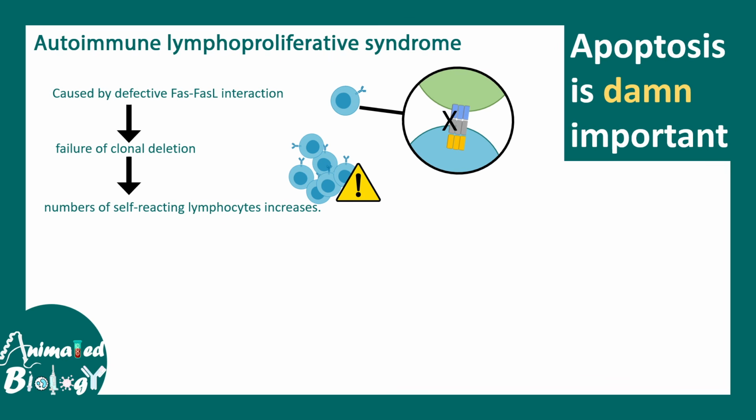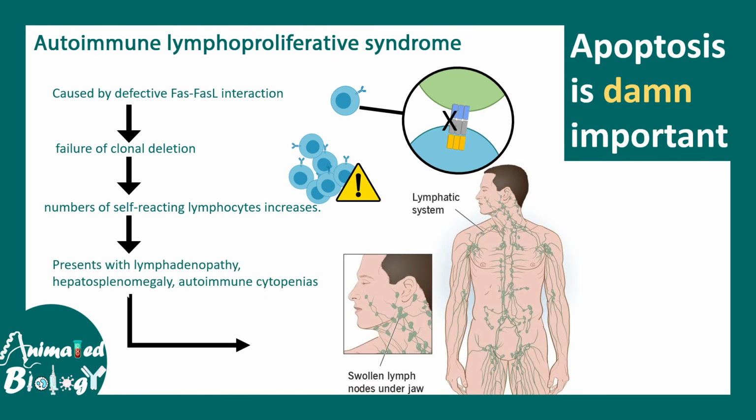So there are too many self-reacting lymphocytes, which results in lymphadenopathy and many autoimmune-related complications. That means elimination of several cell types via apoptosis is super important for normal physiology.